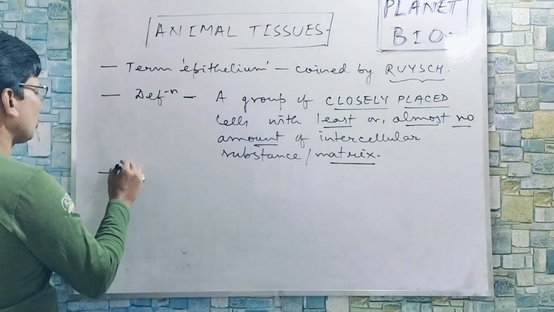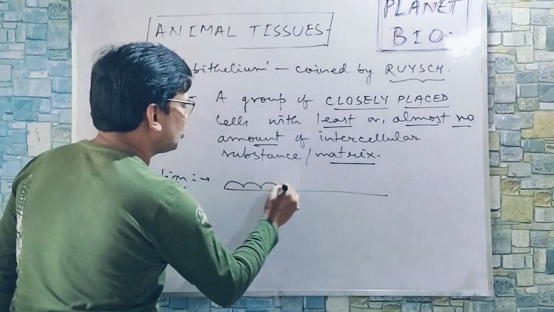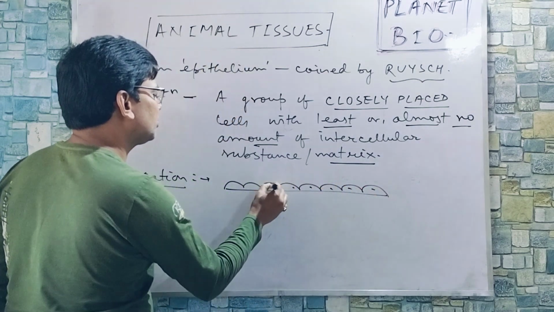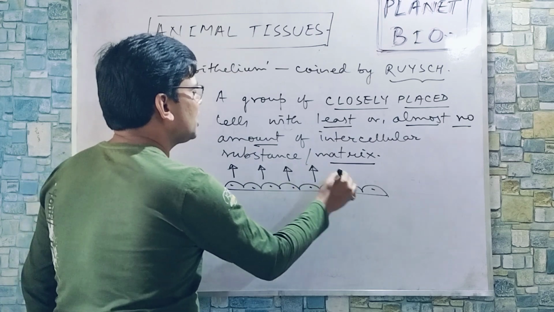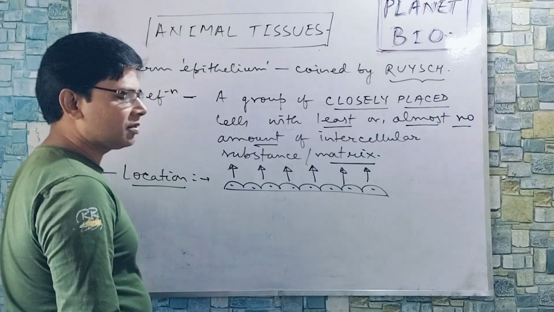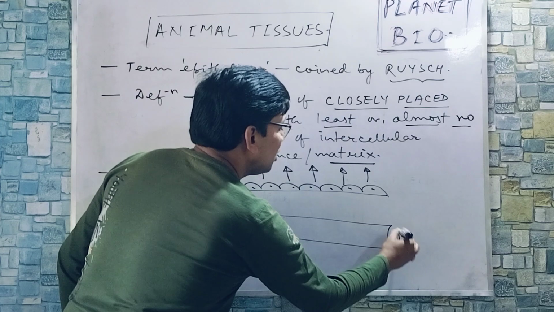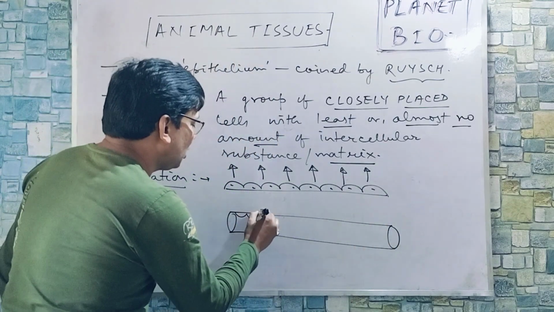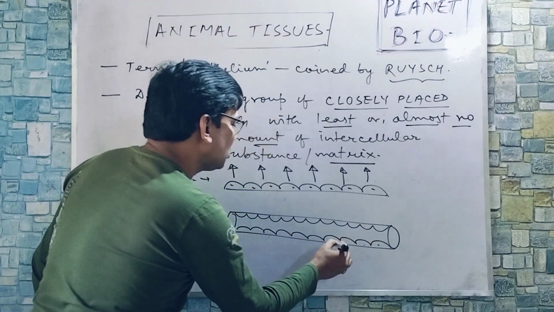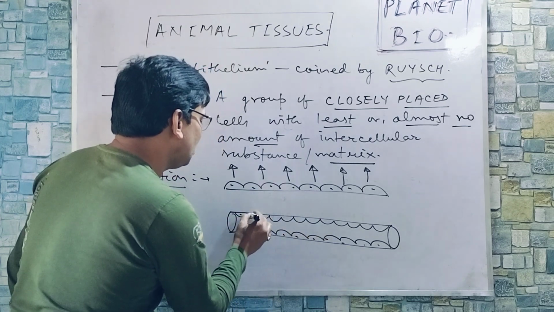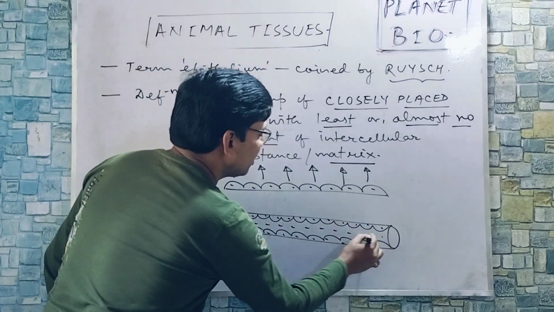Suppose you talk about location, it is found on the upper surface of the body, in which it faces outer environmental surfaces, but it also lines or covers the lumen of duct, facing fluid in this area.